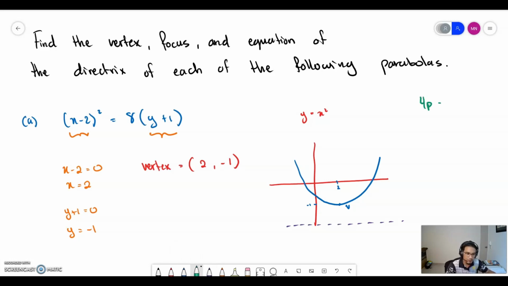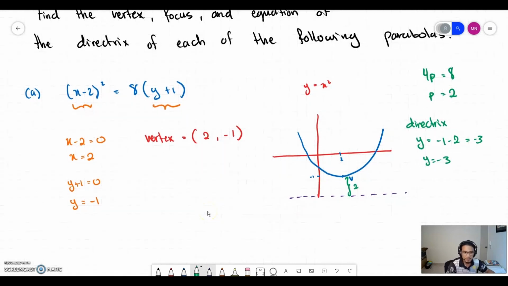So 4p is equal to 8, then we have p equal to 2. For the directrix, the equation will be y equal to, the vertex here is negative 1, then we minus 2 because it must be 2 units lower than the vertex. So that will be negative 3.